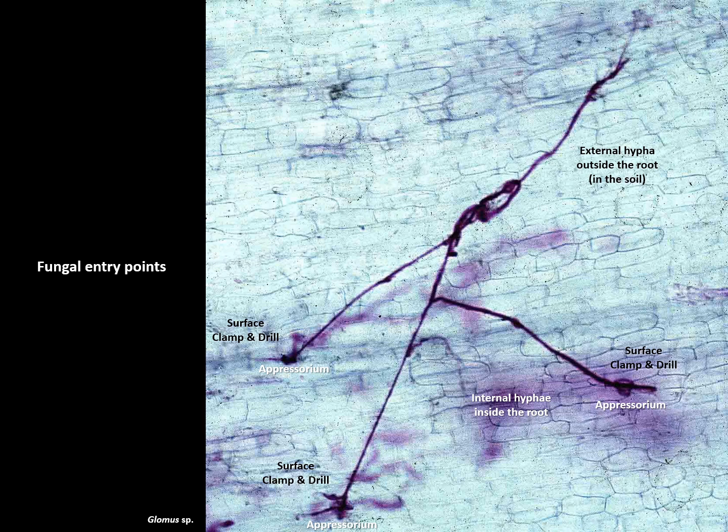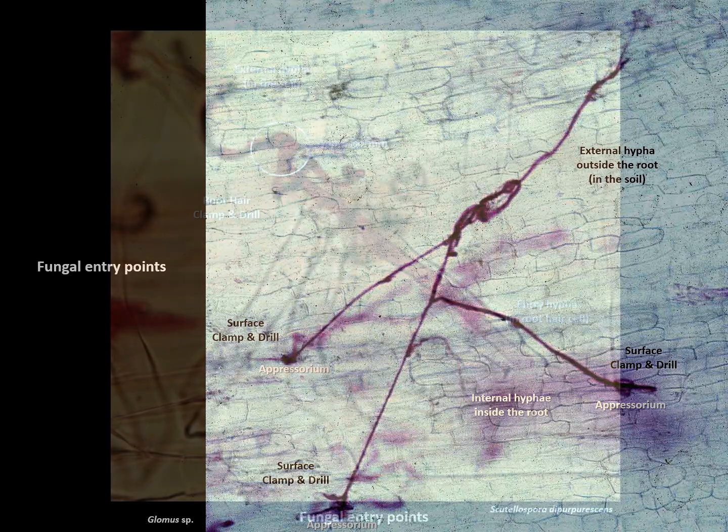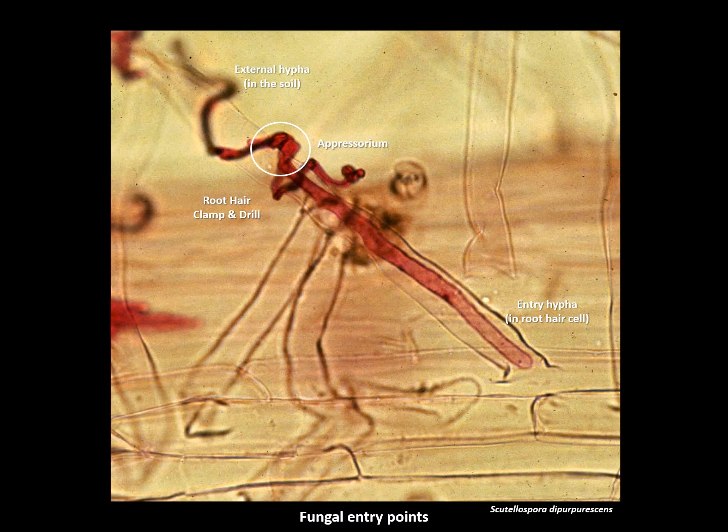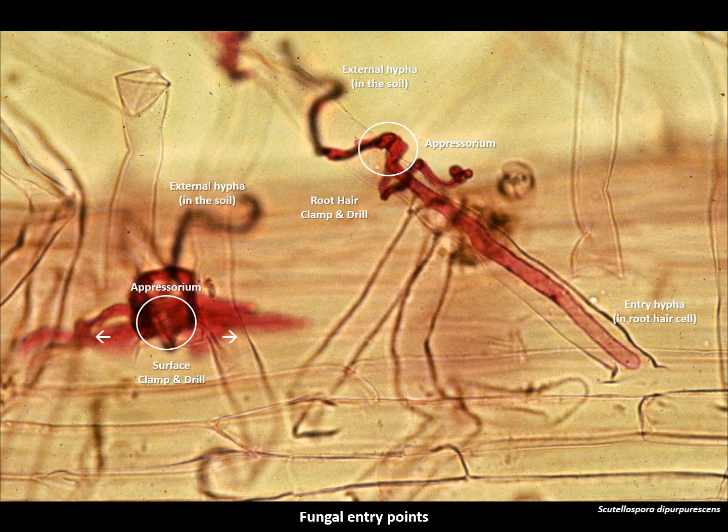The invading hypha drills into the root, growing into the main part, the cortex, where it proliferates longitudinally between the cells along the root. Less frequently, the invading hypha clamps onto a single-celled root hair, drills into it and grows down into the root. When it reaches the cortex, it exits the cell interior and, as is happening in the more usual sort of entry on the left, proliferates along the root between the cells.